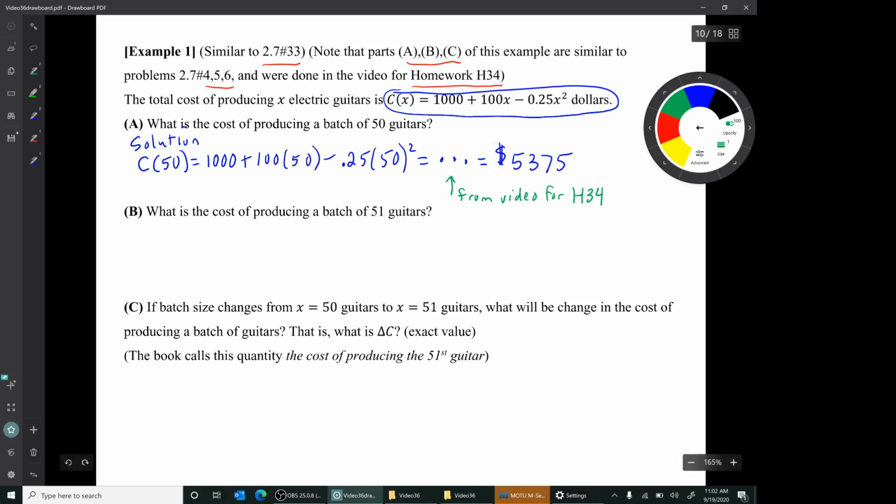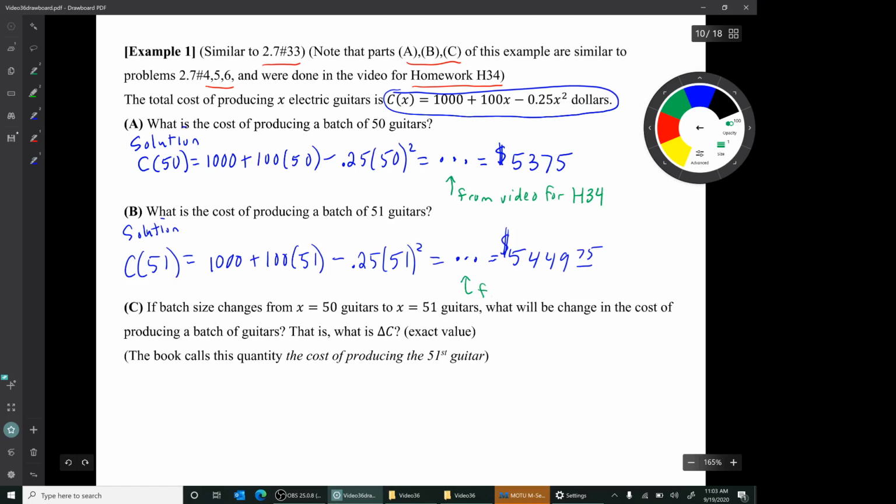Now question B, what's the cost of producing a batch of 51 guitars? We compute that by just substituting x equals 51 into the formula for C of x. So the result is that the cost of manufacturing a batch of 51 guitars is $5449.75.